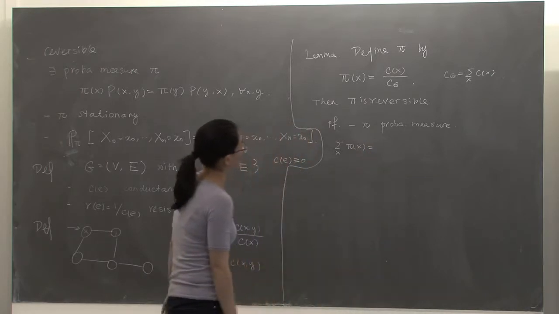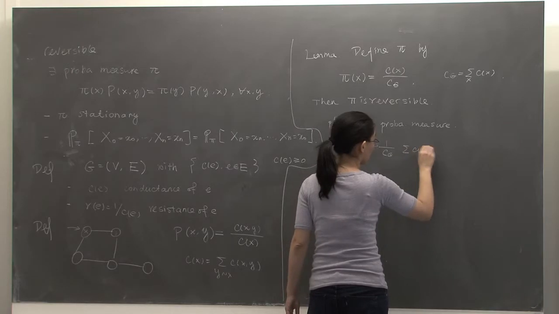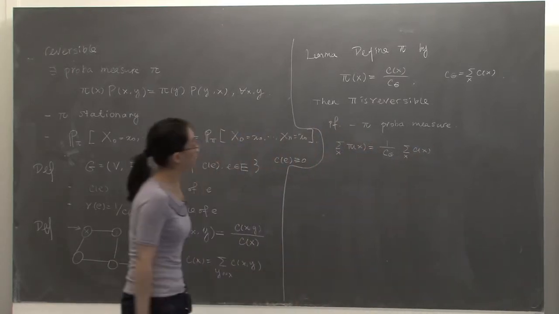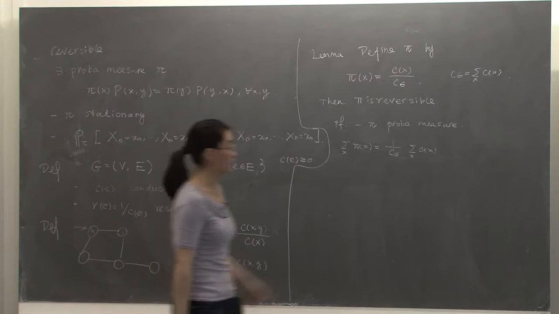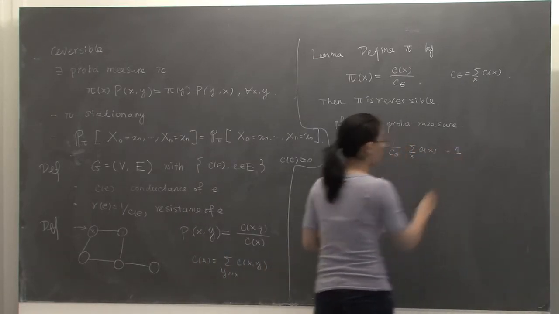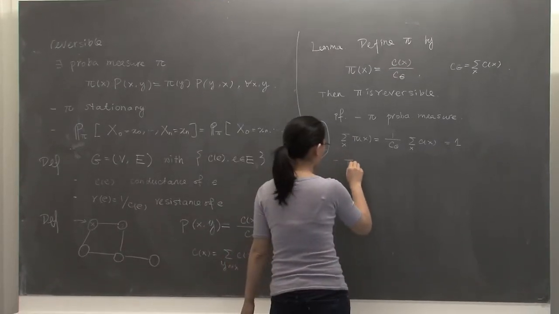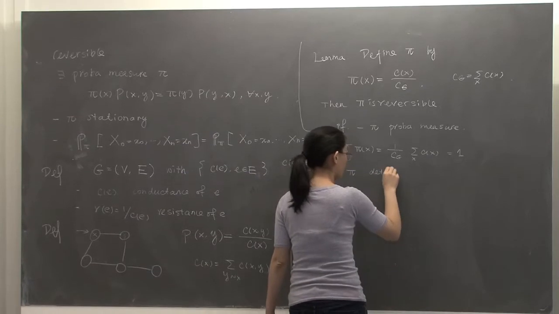This c_G is a universal constant. We put it in front. So this is the total mass of pi_x. And by definition, this summation equals c_G. So the total mass is 1. And then we need to show that pi satisfies the detailed balance equation.